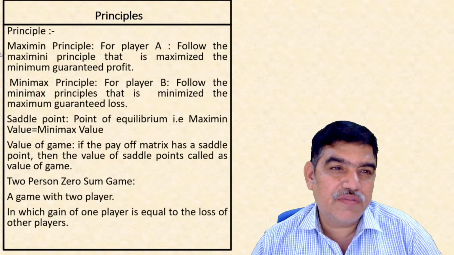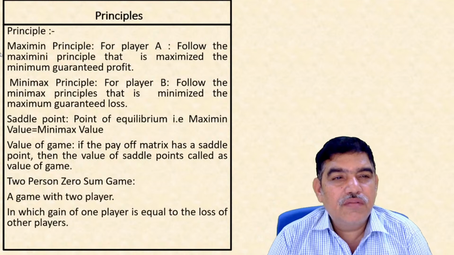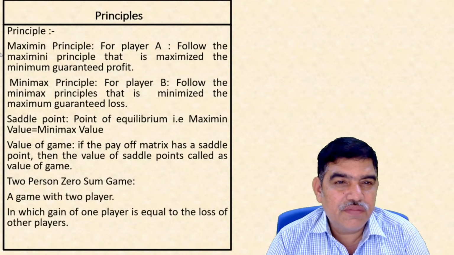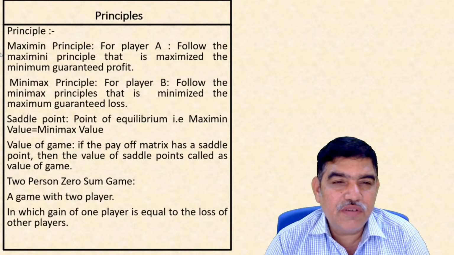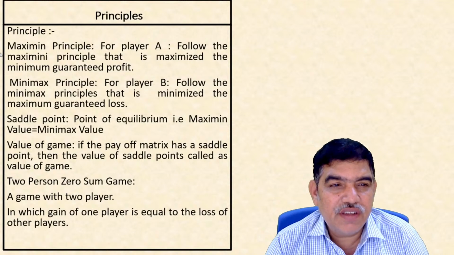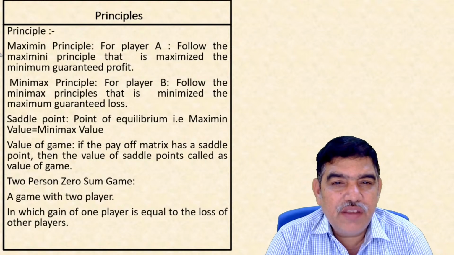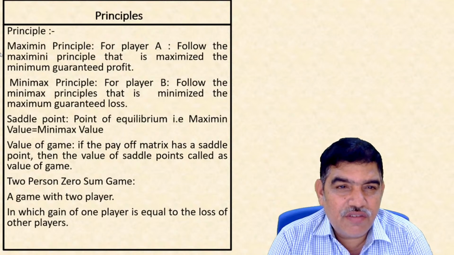Then principles: the maximin principle and the minimax principle. Player A follows the maximin principle, that is, maximize the minimum guaranteed profit, and the minimax principle means player B minimizes the maximum guaranteed loss.